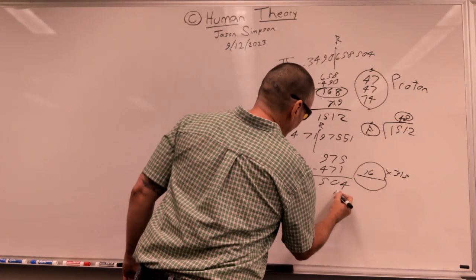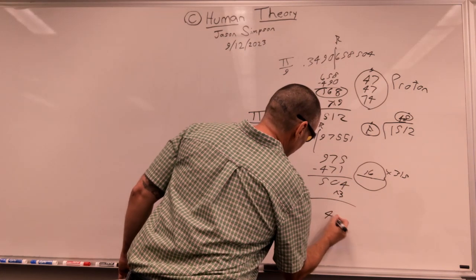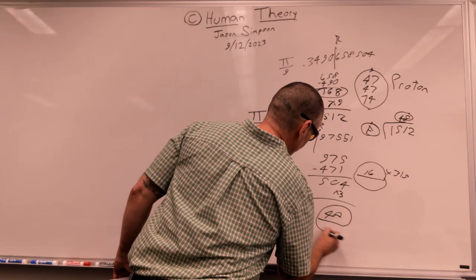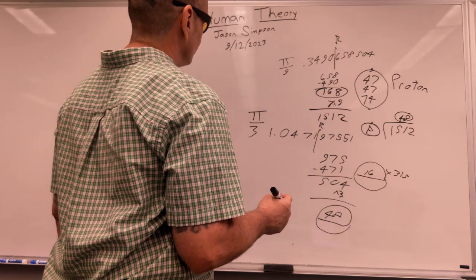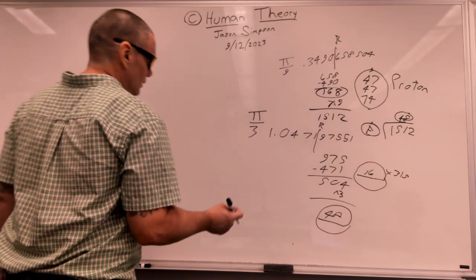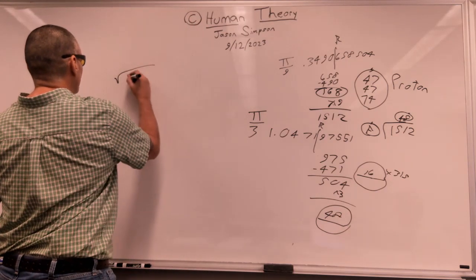Times that by 3, we got 48 again. Okay? And just to prove the point, take the square root of 48.